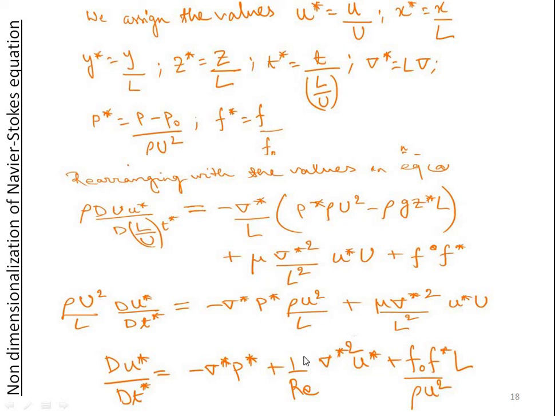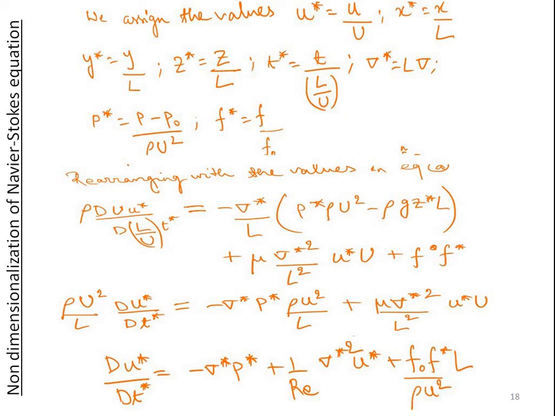Replacing all these, we come to an equation of the sort du star by dt star is equal to minus nabla star P star plus 1 by Re del square u star plus F naught F star L by rho U square. What are these stars or asterisks? The asterisk notes that this term does not have any dimensions. That is, it is dimensionless.